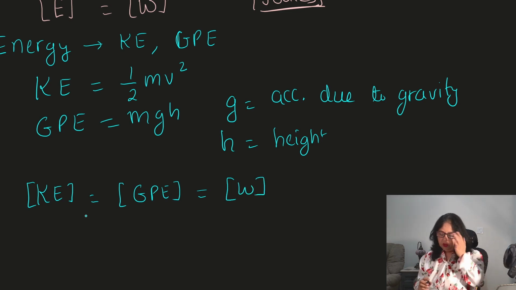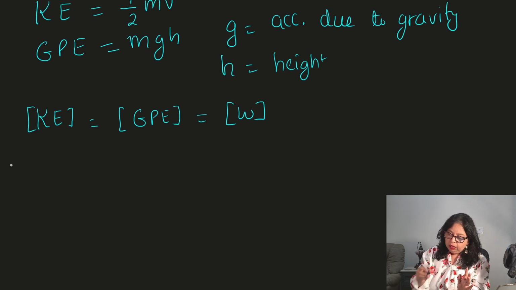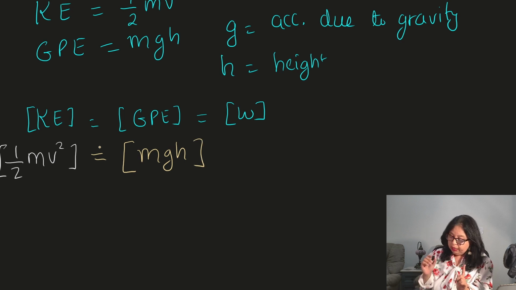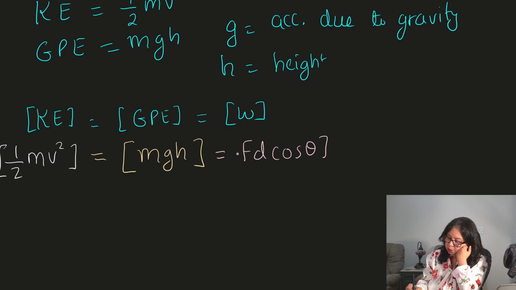So let's see what we can find out of this. What does this tell us? Kinetic energy is 1/2 mv squared. Then I'm going to write gravitational potential energy is mgh. Lastly, I have work. I want to use pink color. Work is force times displacement times cosine theta.